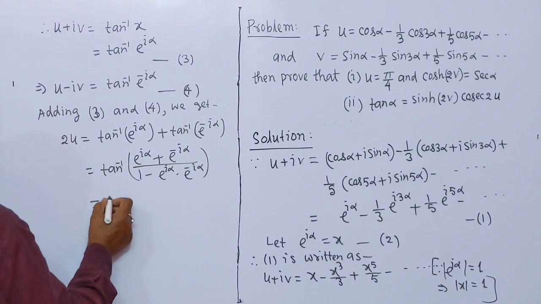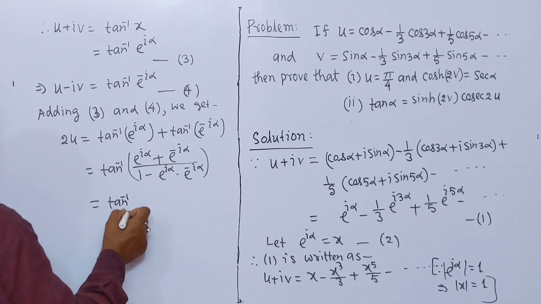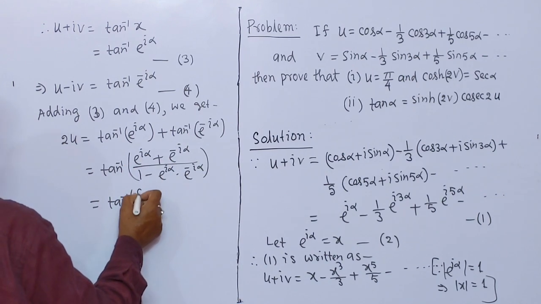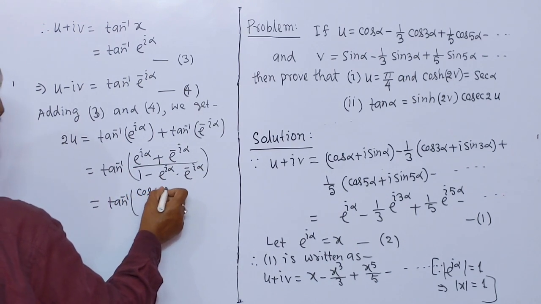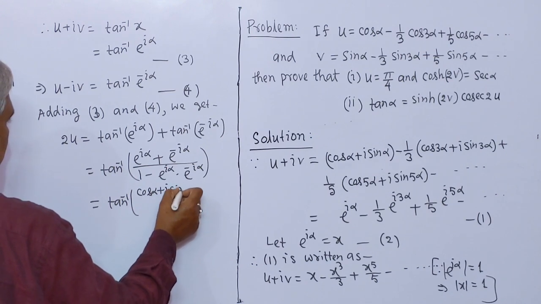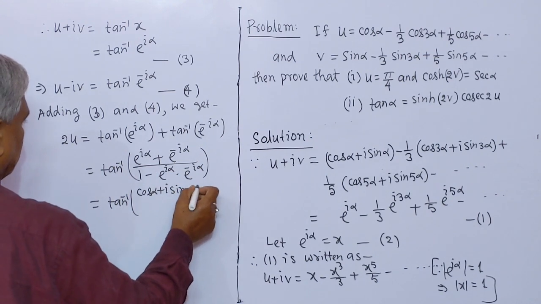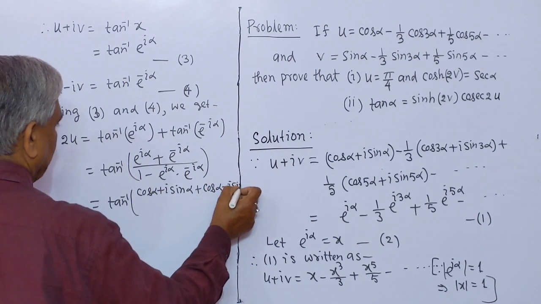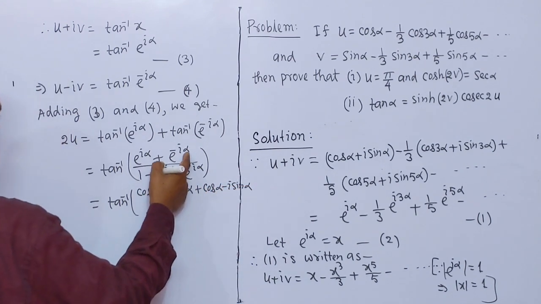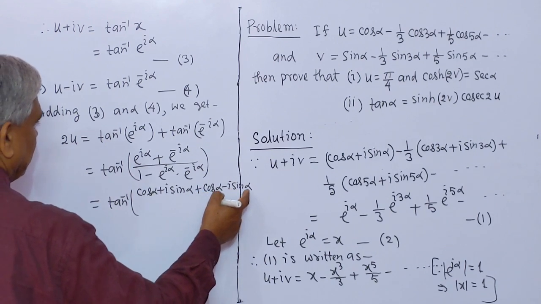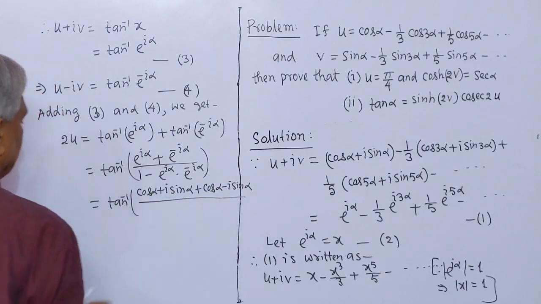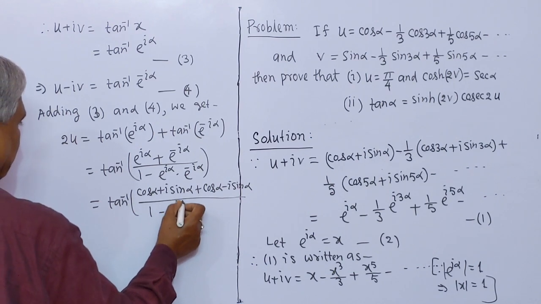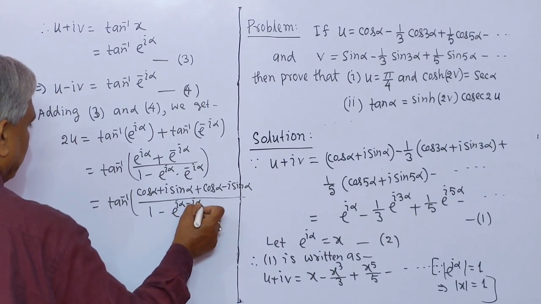This is equal to tan inverse. Here e to the power i alpha is cos alpha plus i sin alpha, and e to the power minus i alpha means cos alpha minus i sin alpha, by 1 minus e to the power i alpha minus i alpha.